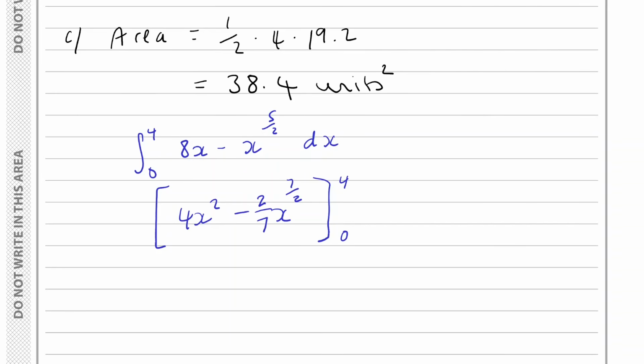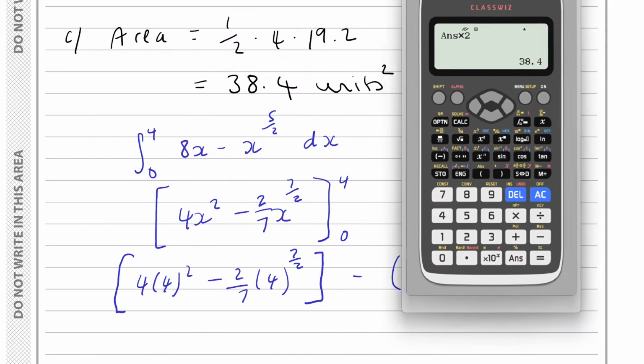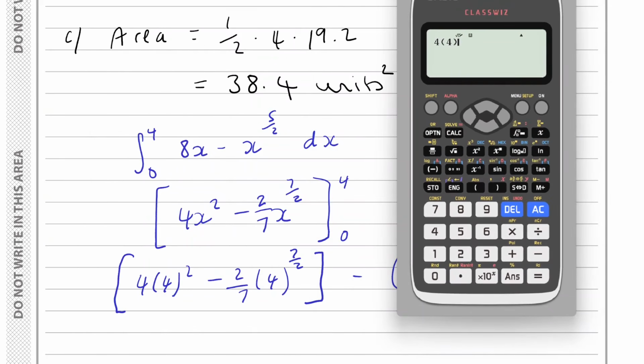Substitute in 4, substitute in 0, and take them away. So it's 4 times 4 squared minus 2/7 of 4 to the power of 7 over 2. If we substitute in 0, it's going to be 0. So we just need to substitute in 4.